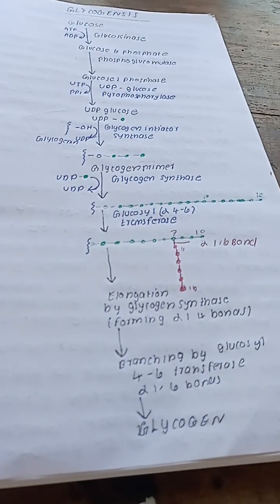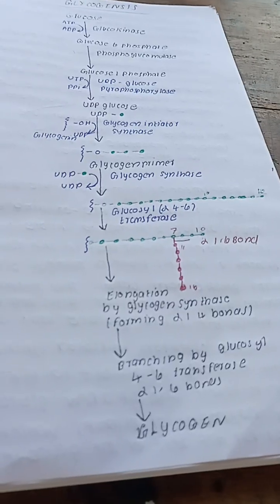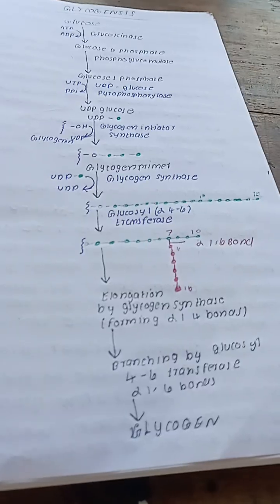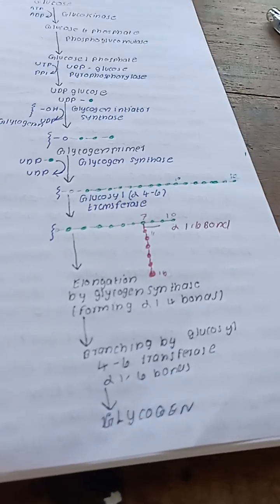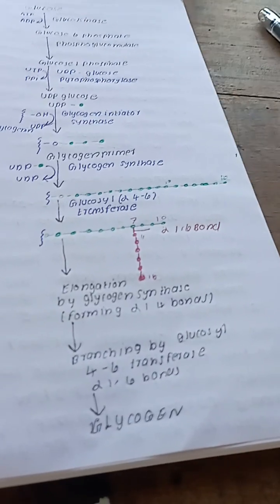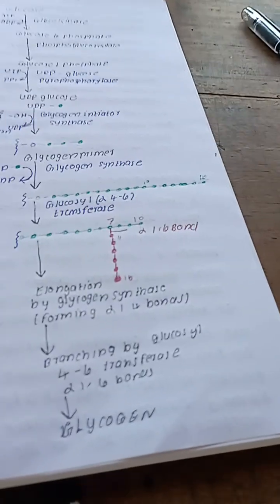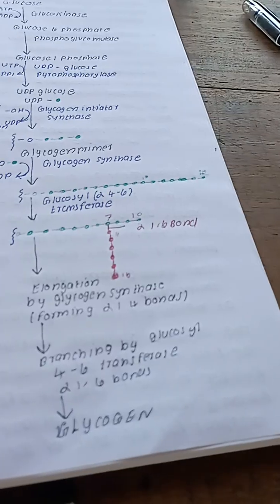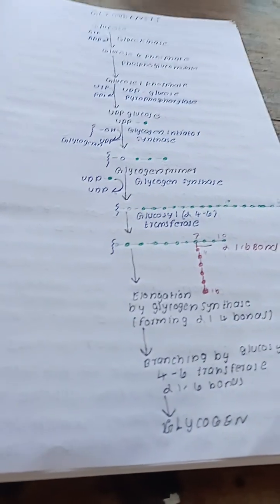At the non-reducing end, glucose is added with the help of glycogen synthase, using UDP-glucose. The UDP produced is converted back to UTP by the enzyme nucleoside diphosphate kinase.